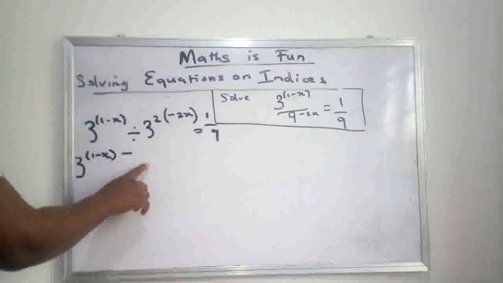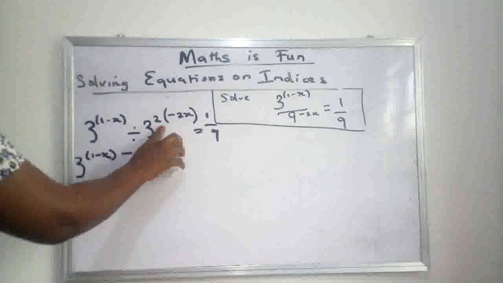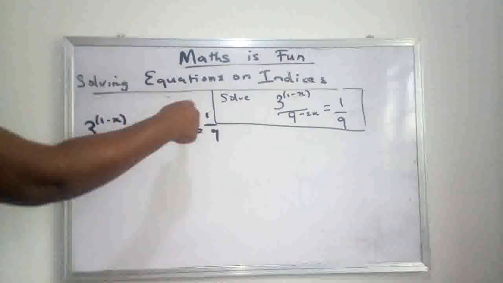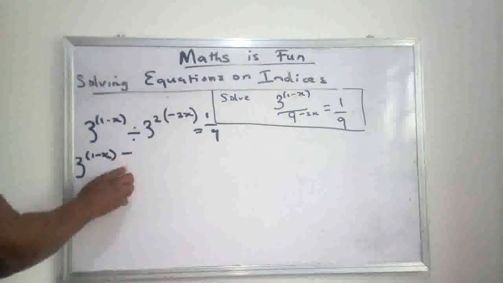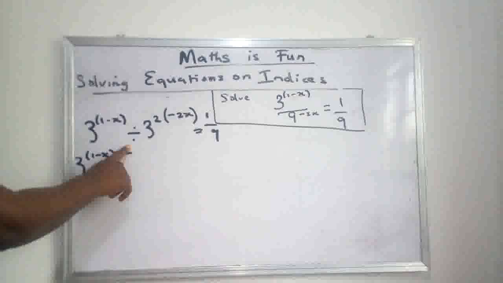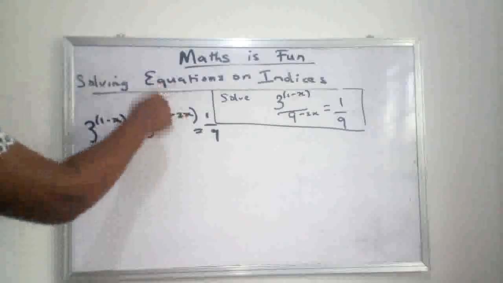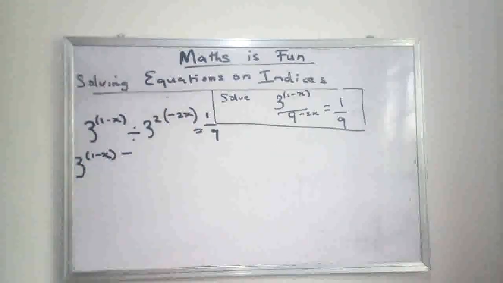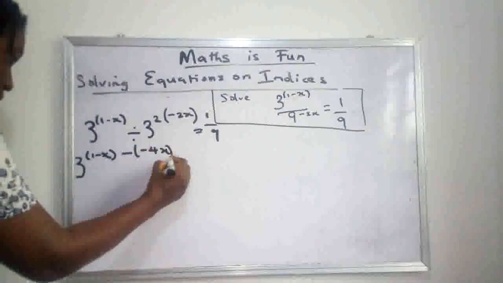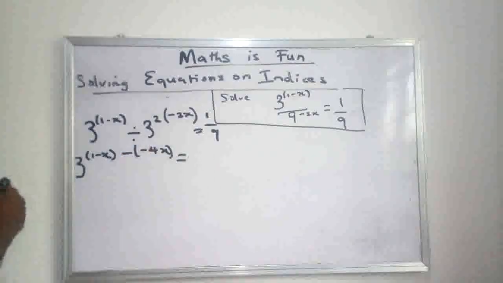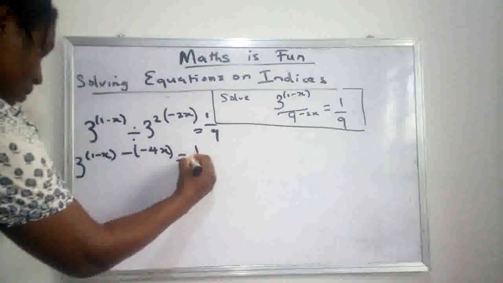These two outside multiplied by this minus 2x will give us minus 4x. So please take note that there is a minus outside which is from this division. But then we are going to still have another minus from this part, which gives us an open bracket minus 4x is equal to 1 over 9. Let's still leave that for now.